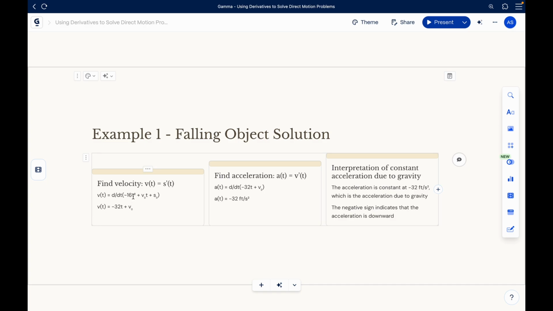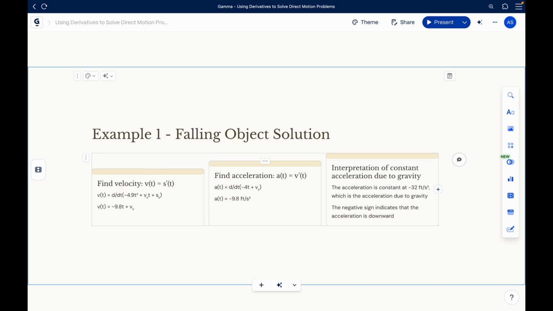Now, over here I have it for feet. I forgot to change this one to meters, but it should be negative 4.9, and then d by dt of negative 4.9, and so it should be negative 9.8, and then negative 9.8 over here.